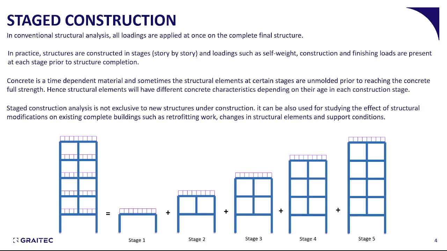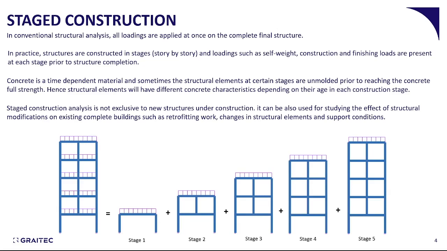Schematically, we see at the bottom of this slide a 5-story concrete structure frame, and we can identify the 5 different stages according to the stage construction as automated by the software that we will see later on.